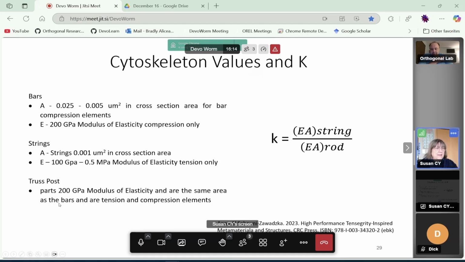And for my model, I kept the truss posts with the same values as the bars. And for the truss post, the elasticity is both in tension and compression. So the truss post is not a tensegrity, it's a truss.